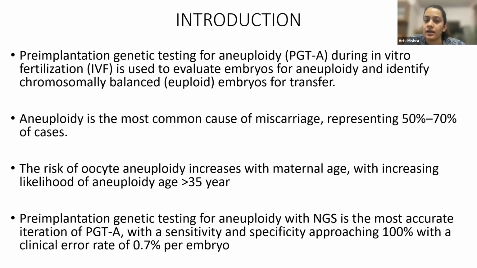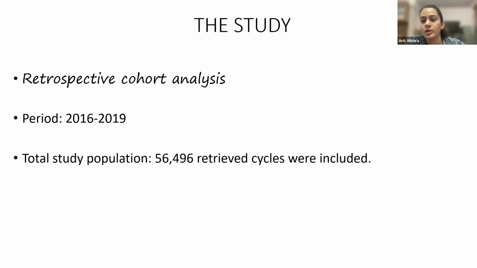Aneuploidy is the most common cause of miscarriage, carrying about 50 to 70%. Oocyte aneuploidy increases with maternal age, with increasing likelihood in women more than 35 years.